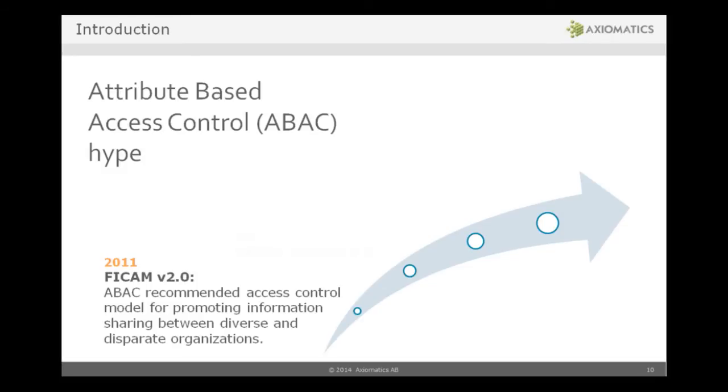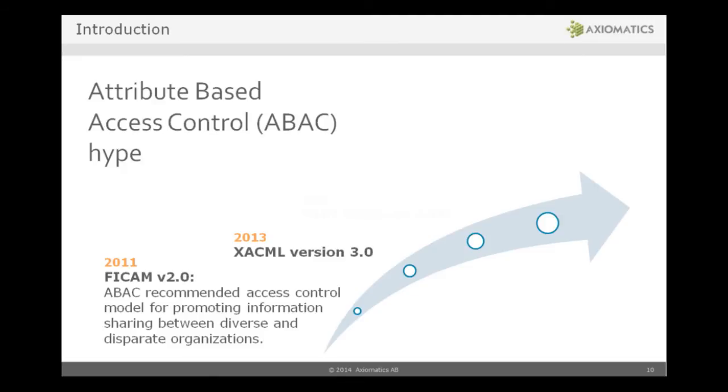We saw version 3.0 of the Extensible Access Control Markup Language coming out in 2013. NIST came out with its guide on ABAC in 2014.